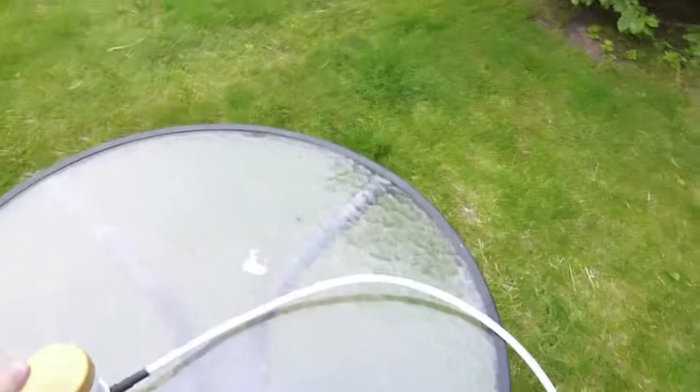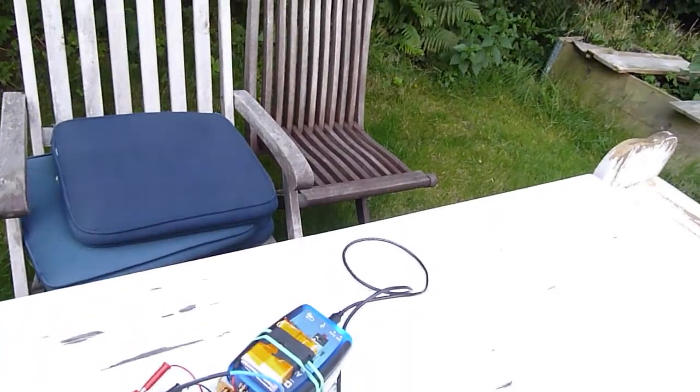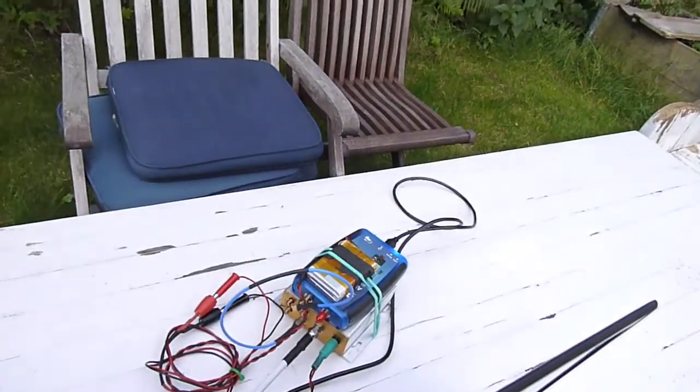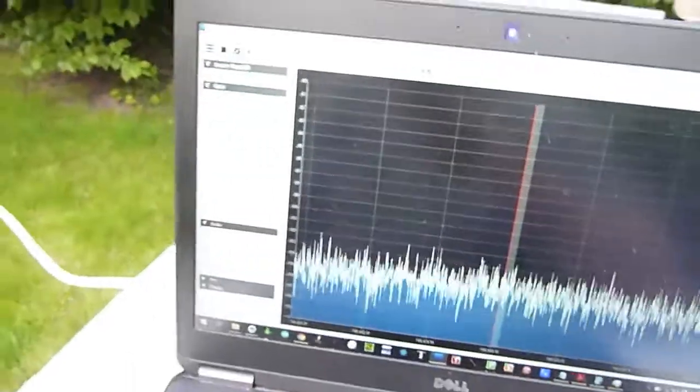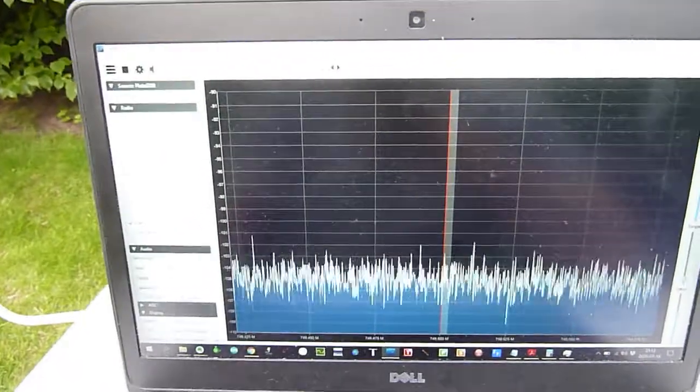This down converts from 10 gigahertz down to between 200 and 800 megahertz. Right now I'm running on an IF frequency of 750 megahertz. That corresponds to the receiver receiving on 10.5 gig.